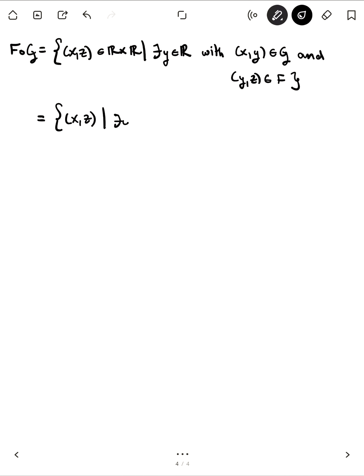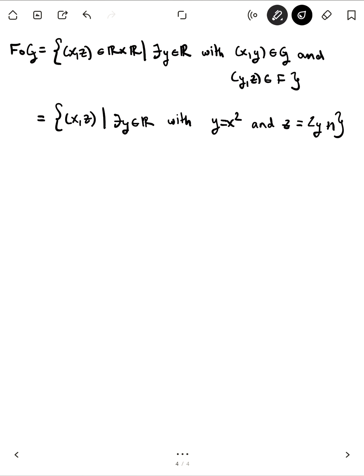There exists a y in R with y equals x squared, sorry, another mistake, and z equals 2y plus 1.